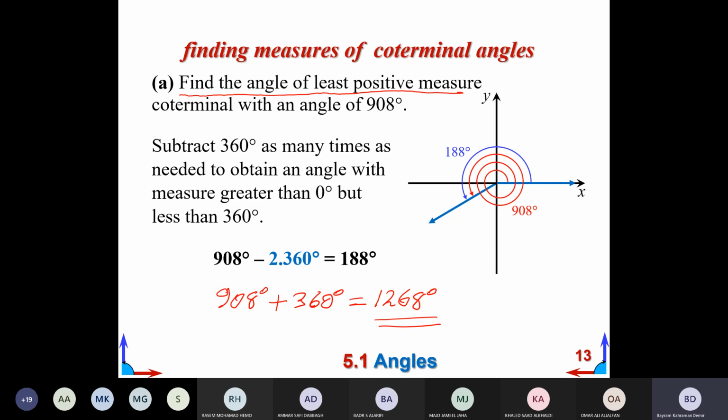Least positive, so don't go too far. For example, Shabab, 908 minus 360 is not going to be the least positive. If you subtract 360, it is not enough, right? Yes. So you should subtract 2 times 360, and you will get the least positive angle.